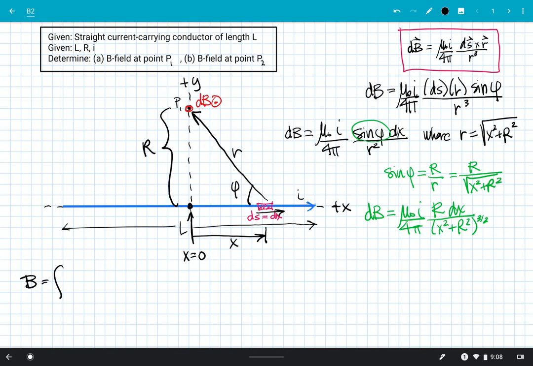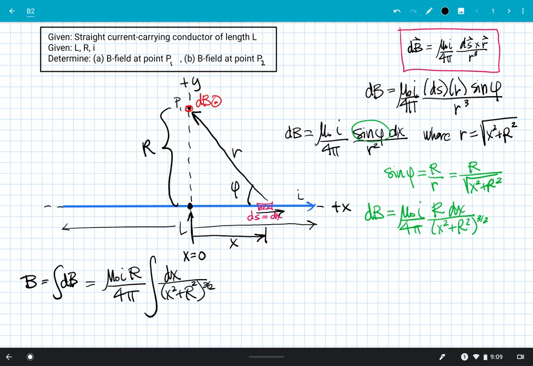We can find our B just by adding up all the dBs for all the little segments, all the little dx segments on our wire. And that's what we do here. I'll pull out the constant stuff. So I have mu naught I R over 4 pi. I can put all that in front of my integral. Then I'm going to integrate dx over x squared plus big R squared to the 3/2 power.